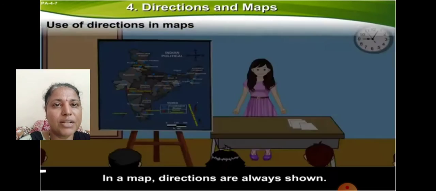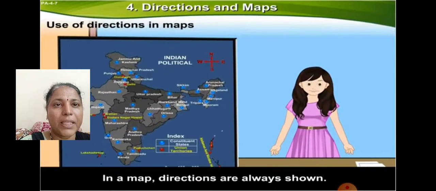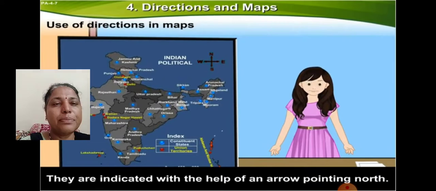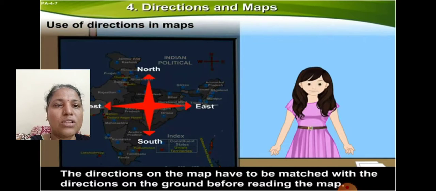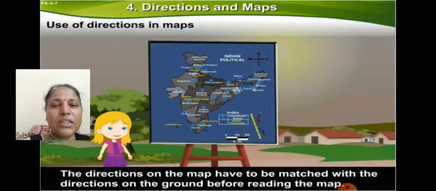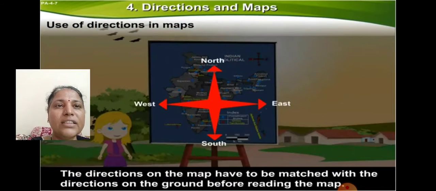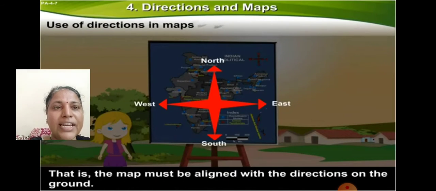Use the directions in a map, guys. This is our India map, the Indian political map. Look at this cross. In our map, the directions are always shown. The directions on the map have to match with the directions on the ground before reading the map. The upper side is the north, the down side is the south, and between the north and south, west is opposite east.